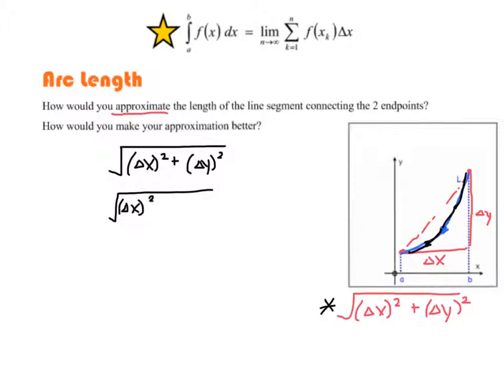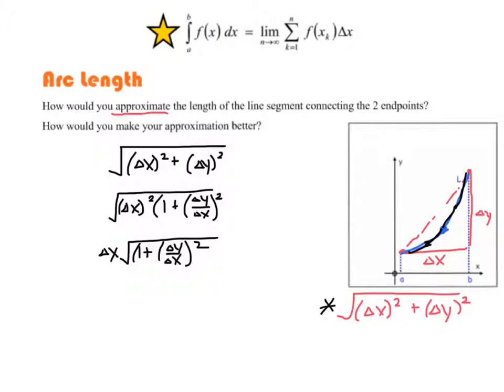If I do that, I'm left with 1 plus (delta y over delta x) squared, like that. Now, the delta x squared I can pull out as delta x, the square root of delta x squared, like that.